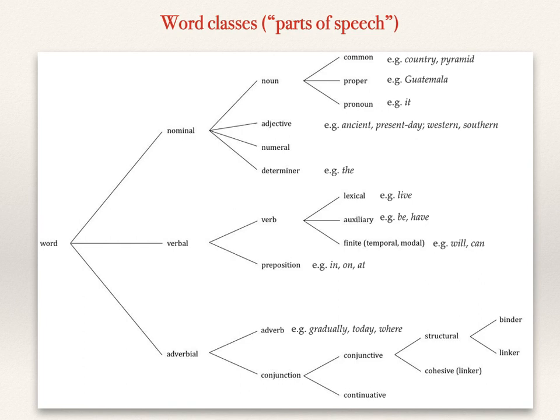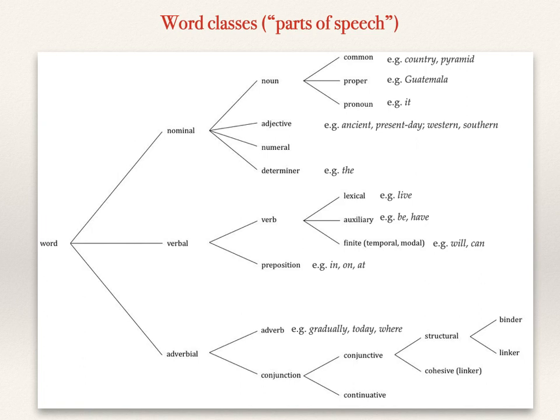And then the verbs: lexical, for example, live, hate, break, work. Auxiliaries, say of time, voice: be, have. And the finite ones that can only function as temporal or modal, for example, will, can, may, might, shall, should, must. And the prepositions, which are really like small verbs: in, on, at.